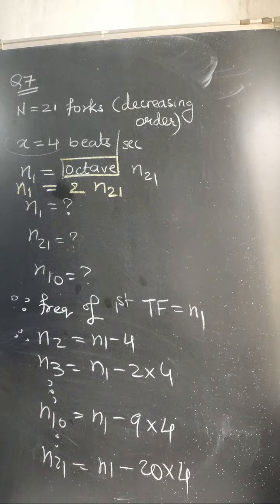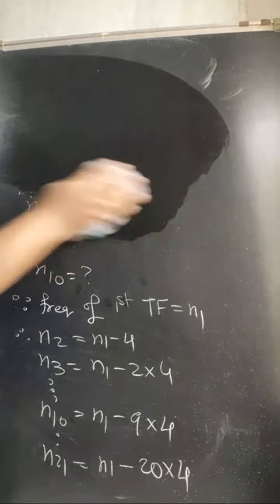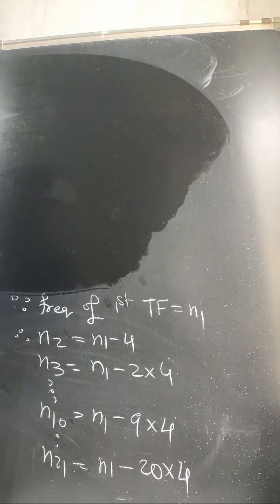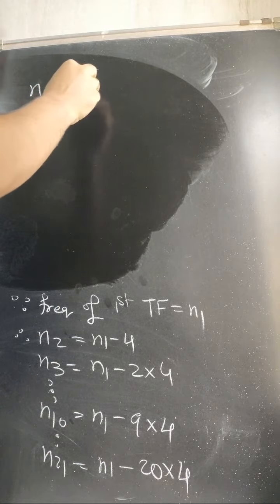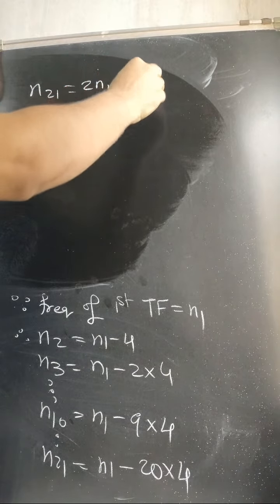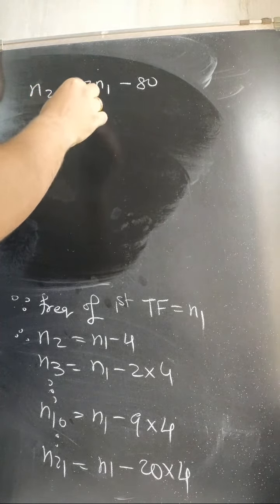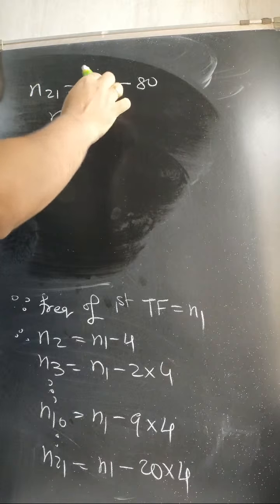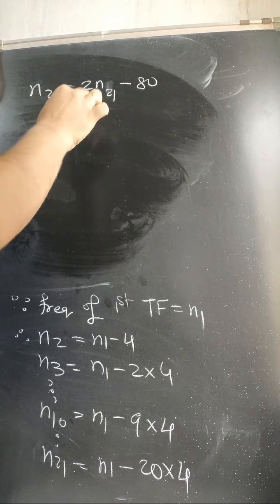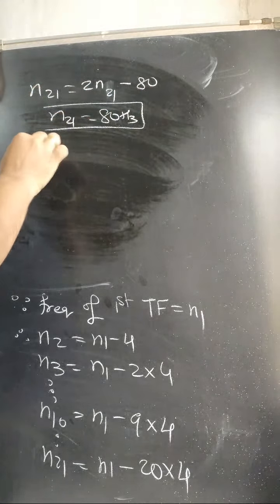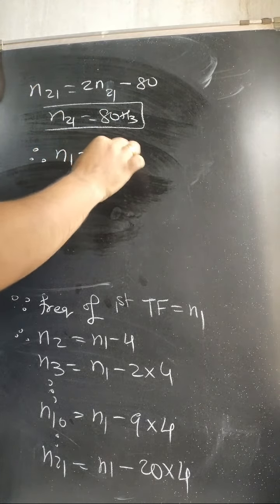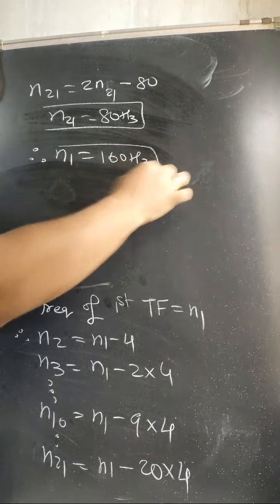Now we are going to substitute it. We know the relation that N1 is 2 times the last frequency. So N21 is equal to twice N1 minus 80, and N21 becomes equal to 80 Hertz. Therefore N1 is how much? 160 Hertz.